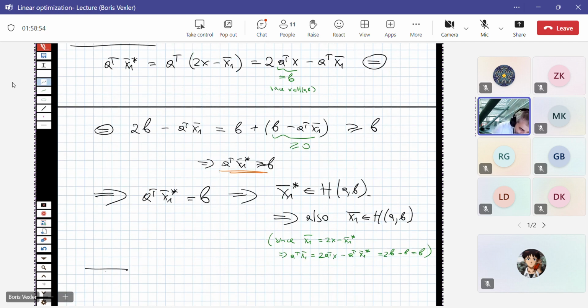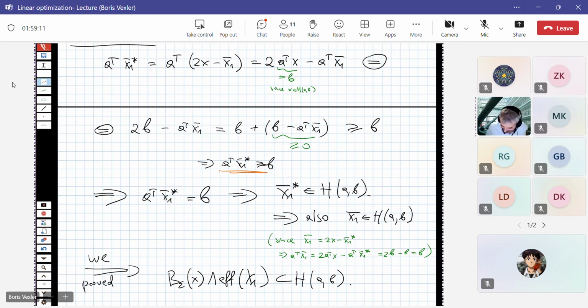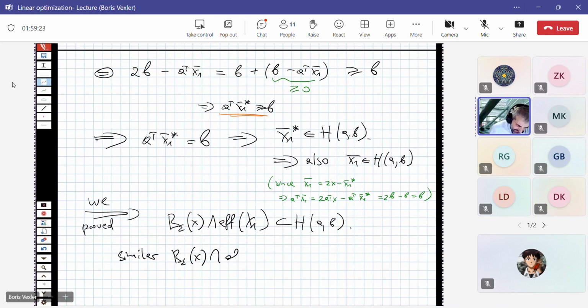Therefore we proved that B epsilon X intersected with the affine hull of X1 is a subset of H_AB. Do you agree? With exactly the same logic, also B epsilon X intersected with the affine hull of X2 is a subset of the hyperplane.